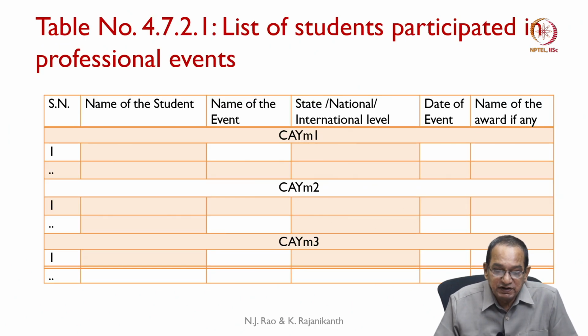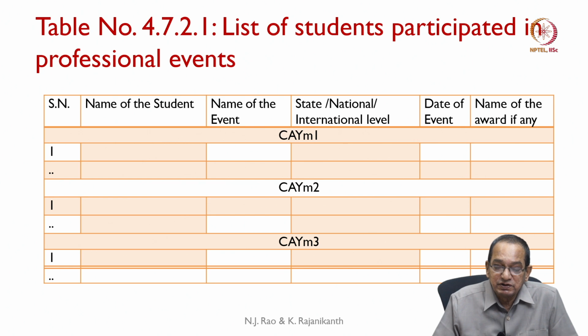So this is the way the information is provided. Who are all the students who actually participated in the events? Notice that the criterion asks for the actual name of the student, the affiliation and everything must be available, and what is the name of the event, and whether it was state level or national level or even international level.